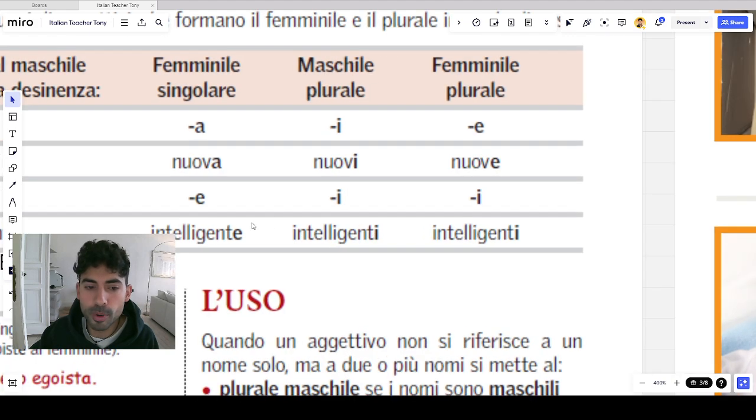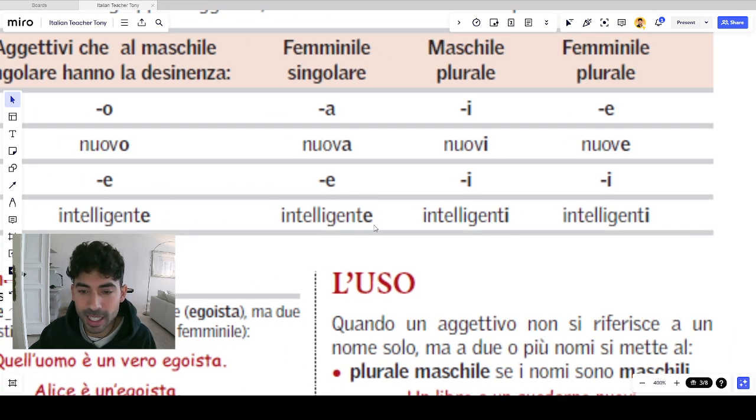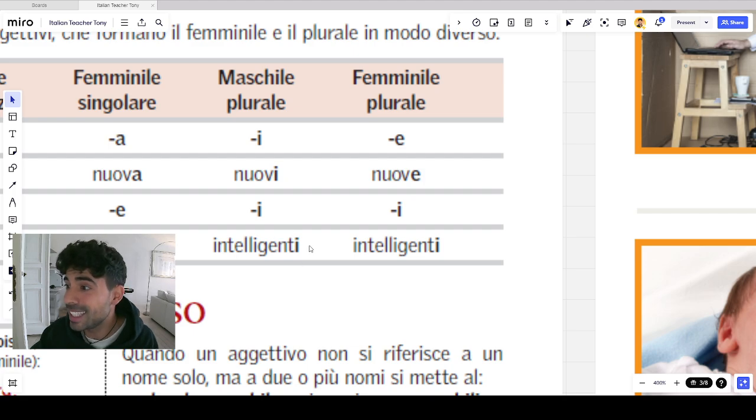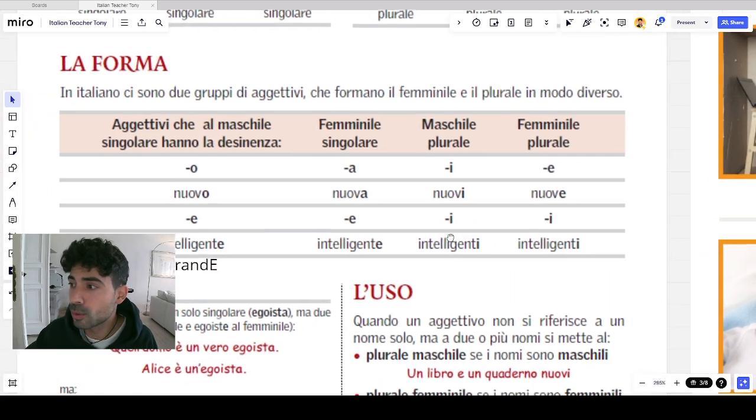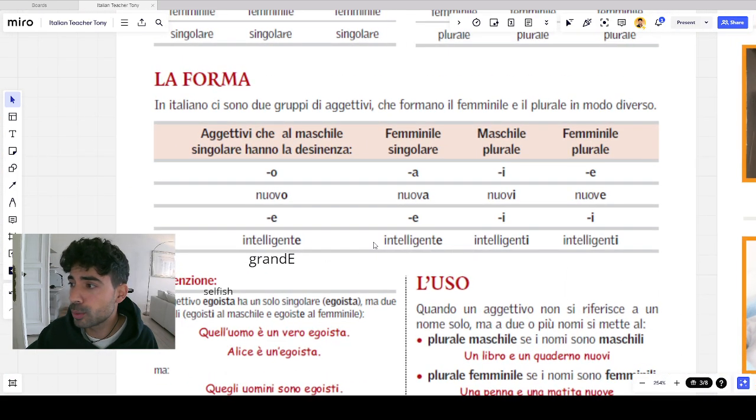The plural form of the adjective ending in E is going to be with an I at the end. For example, i ragazzi intelligenti, le ragazze intelligenti. Now I'm going to zoom back. You can refer to this chart when you have to conjugate and if you have to remember how to conjugate the adjective following the noun, because this is pretty good and exhaustive. It covers all the examples.